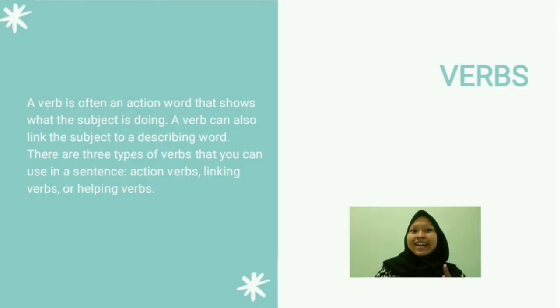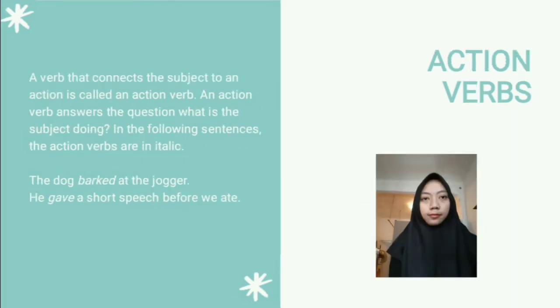The next material is the verb. A verb is often an action word that shows what the subject is doing. A verb can also link the subject to a describing word. There are three types of verbs that you can use in a sentence: 1. action verbs, 2. linking verbs, and 3. helping verbs.